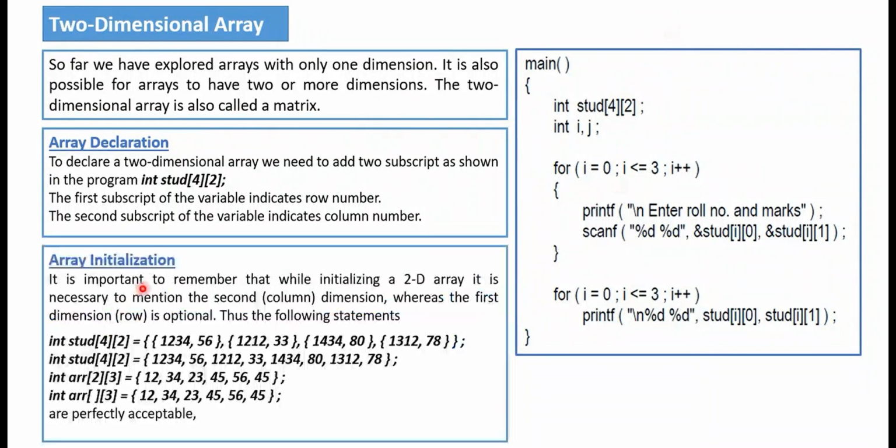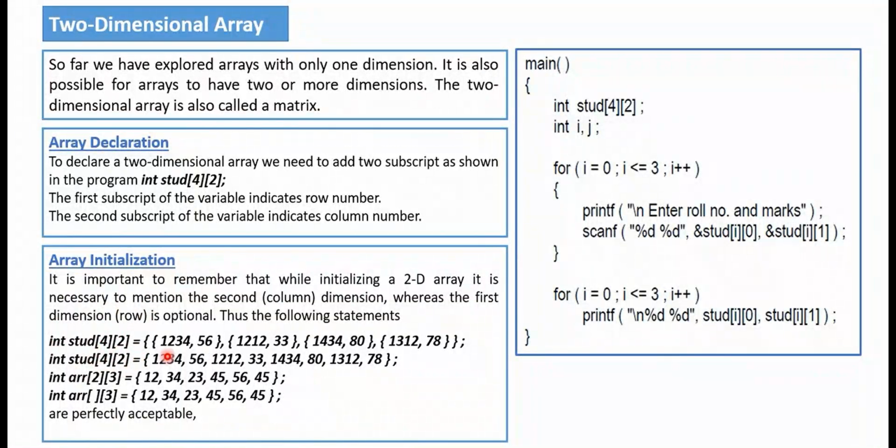Next is array initialization. Now it is important to remember that while initializing a 2D array, it is necessary to mention the second dimension, that is column, whereas the first dimension, row, is optional. So the following statements are perfectly acceptable. You can simply assign the values like int stud[4][2], that means 4 rows and 2 columns.